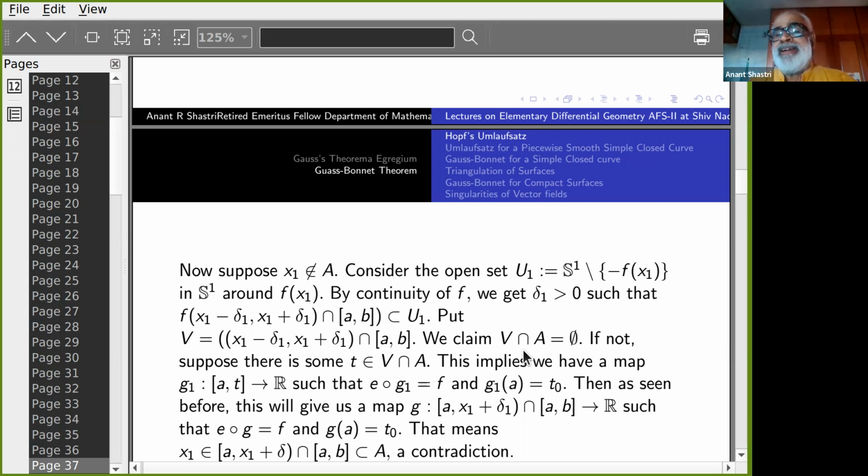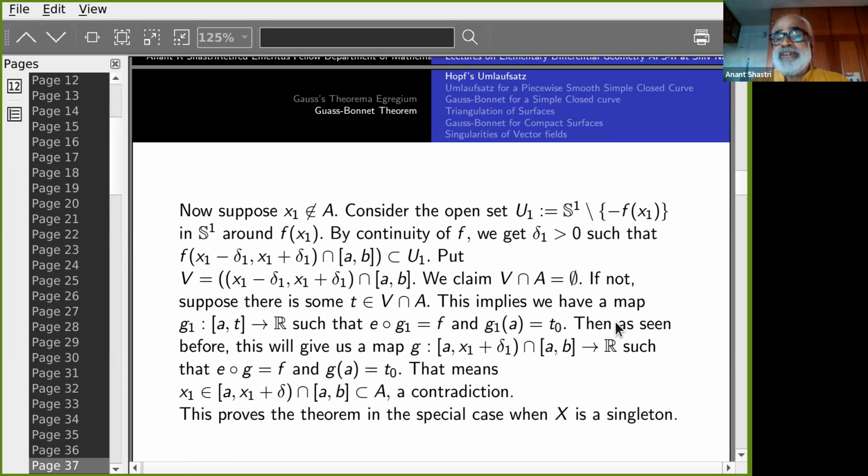Suppose you have a point here belonging to A. That means up to that point, I already have a function. Again, the same way as I have done, from that point up to delta 1 I will define another function, another function g. Patching these two, I will get a function all the way up to delta 1, which will include x1 also. And that's a contradiction.